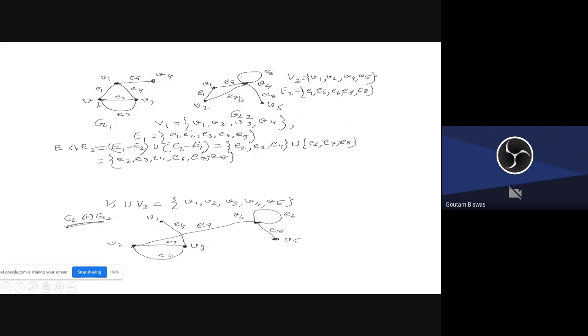G2 has vertex set like this and E2 has its edge set. Similarly, G1 has a vertex set and E1 has an edge set like this. The symmetric difference of E1 and E2 is nothing but this. We calculated it, and it is like this.